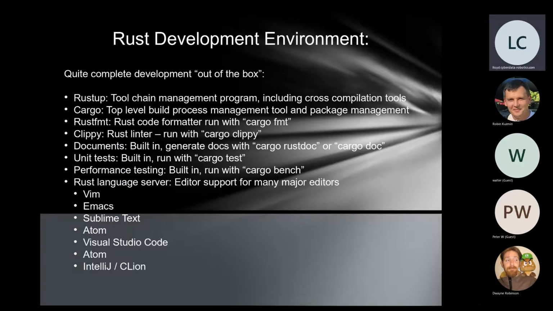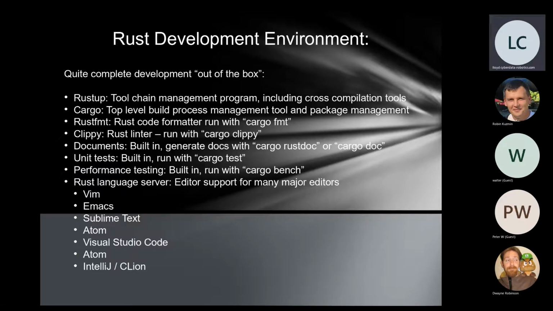The other one that's fairly interesting is Rust has a language server. And I think some of the other languages are starting to do this, namely Python. The language server is a plugin for your editor. And you can see there's a whole list of editors supported. The quality varies a little bit between the editors, but it will give you syntax highlighting, error checking, and suggestions right inline as you're typing.